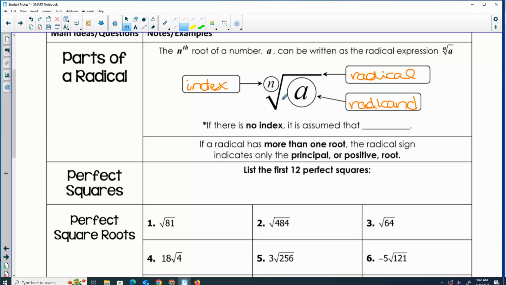If you ever see a radical and it doesn't have an index, then we assume it is 2. So if there's no index written, it's a 2.